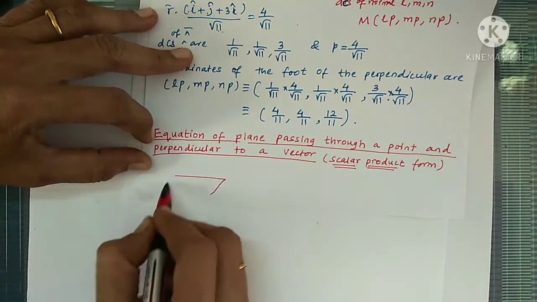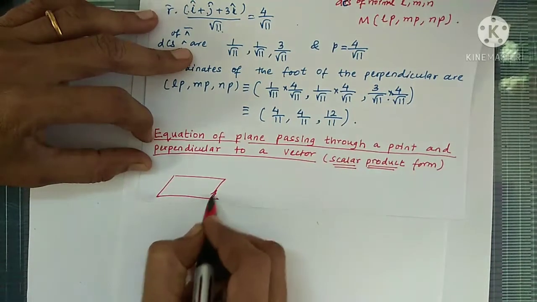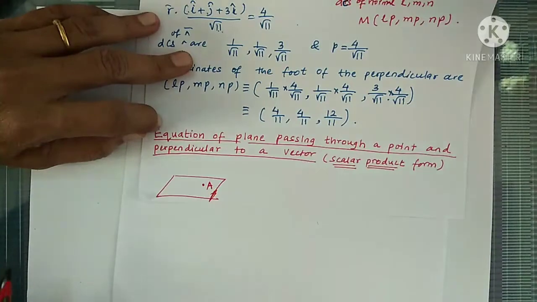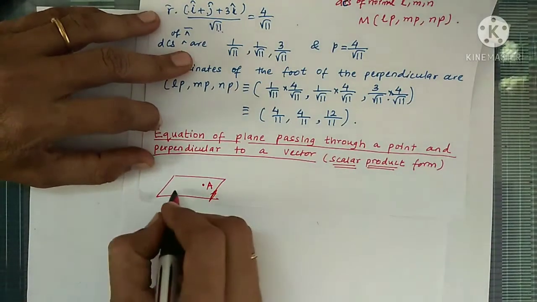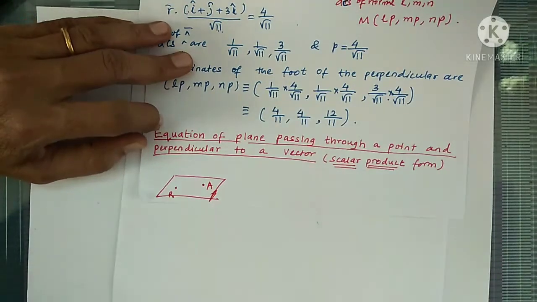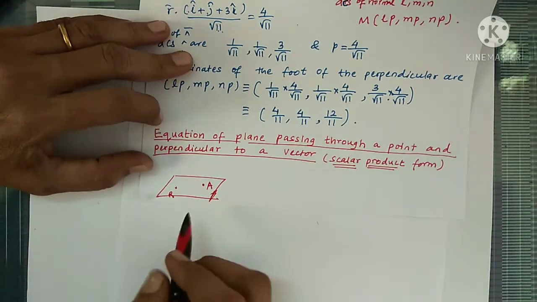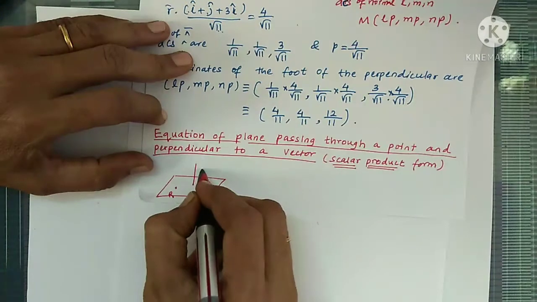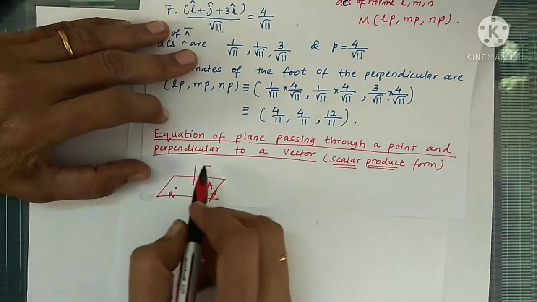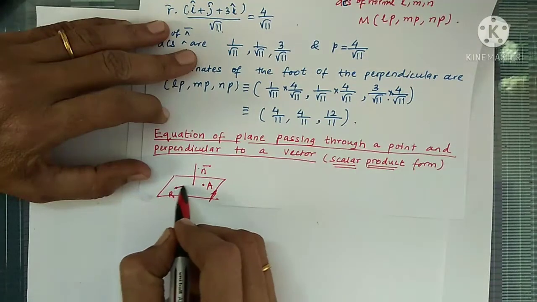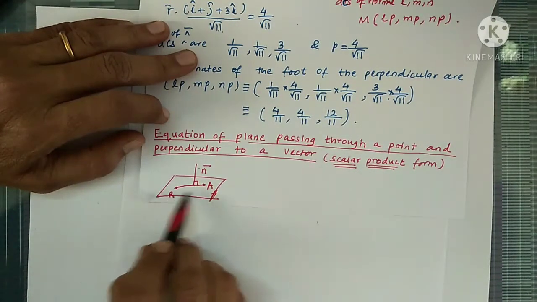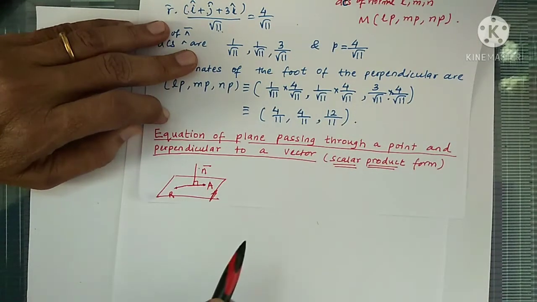Let's consider this plane. A is a fixed point in the plane, and let's take R as a variable point, any point in the plane. Now a normal n bar is given. Since n bar is perpendicular to the plane, it is perpendicular to AR bar also, as AR bar lies in the plane.